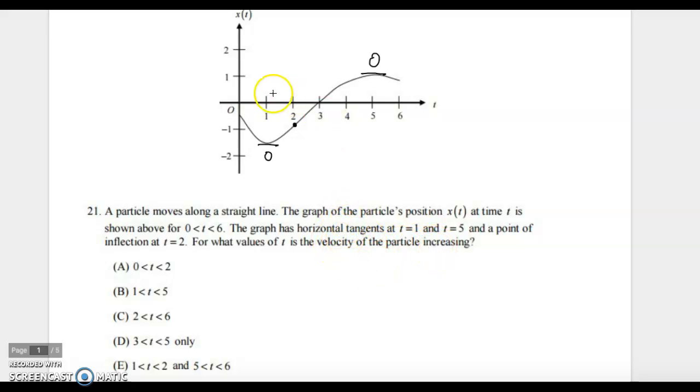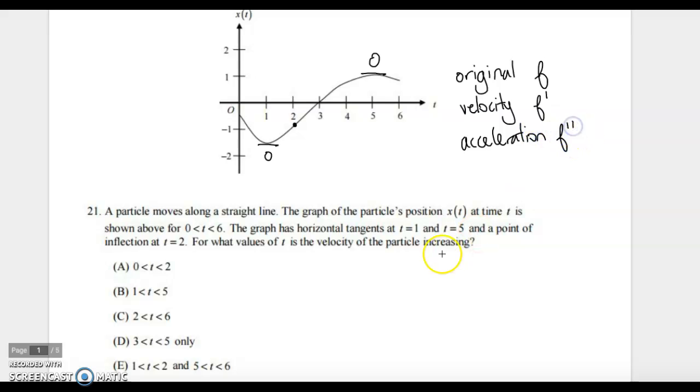So we can kind of think of this as our original graph, right? Then our velocity would be our first derivative, and then our acceleration would be our second derivative, which means if we're looking for where our velocity is increasing, so where the first derivative is increasing, that means a couple of different things.